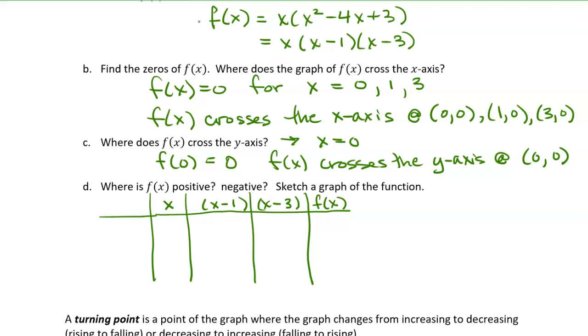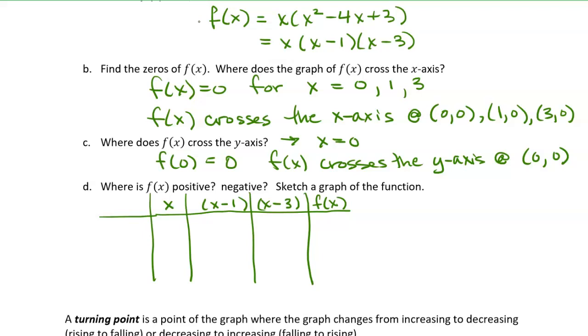All right, so I know that it crosses the x-axis, or at least touches it, at 0, 0, 1, 0, and 3, 0. And I know that the only place where it could possibly go from negative to positive is where it crosses the x-axis, right? It has to cross the x-axis if it's transitioning from negative to positive or positive to negative.